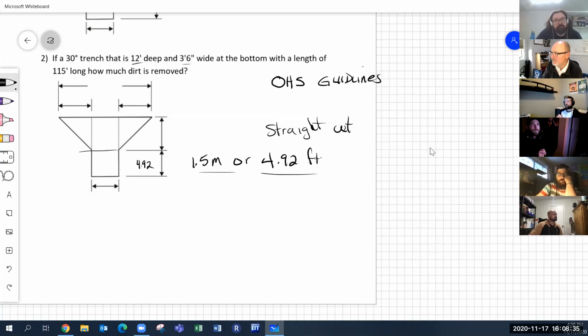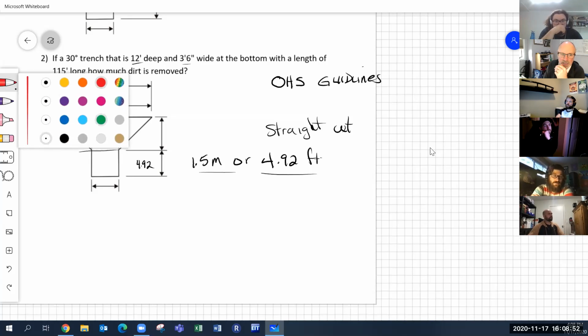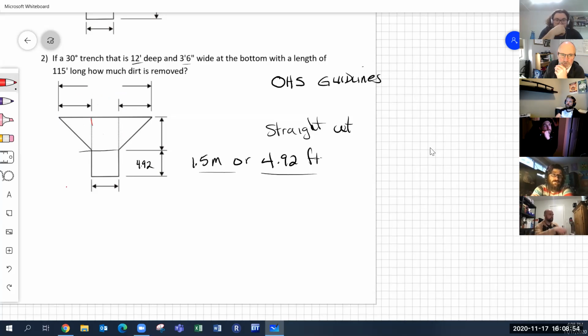It always has to be 4.92 feet or 1.5 meters. It's never going to be deeper than that. So we have to always consider that first. Okay, excellent. So what I'm going to do is solve for this box first.